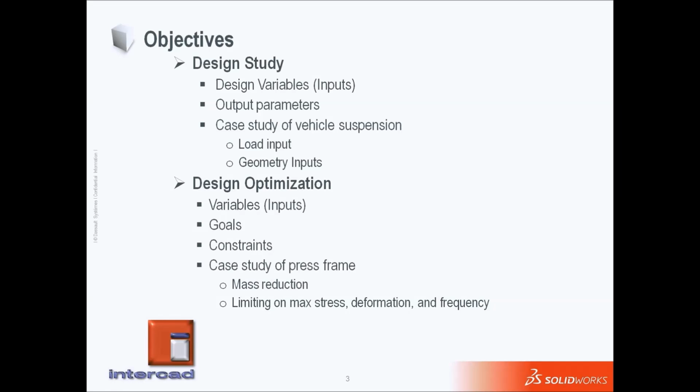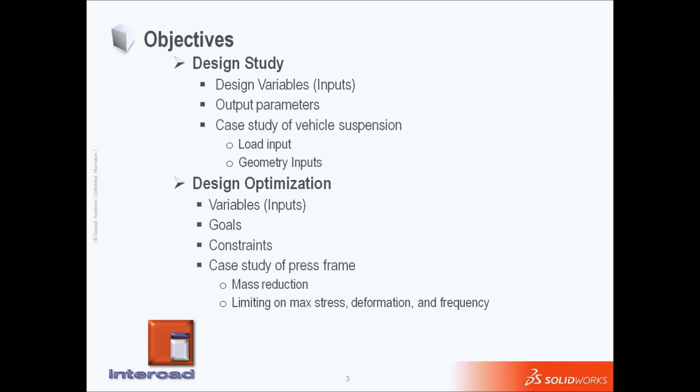All right, let's start our work today. We are simply splitting this session into two main categories. First, we are going through a design study case where we define a few things at the beginning, such as design variables and output parameters. Then we introduce a case study on a vehicle suspension, where we show how we can do a variation on loading input and also how we can select any geometrical dimension as an input and specify the range of the parameter.